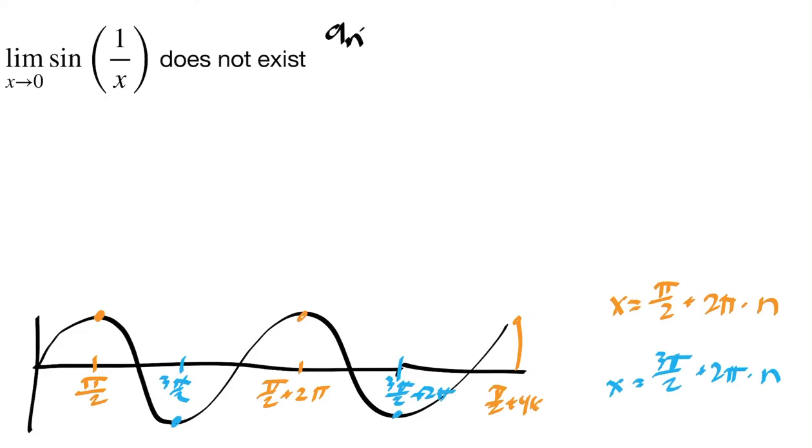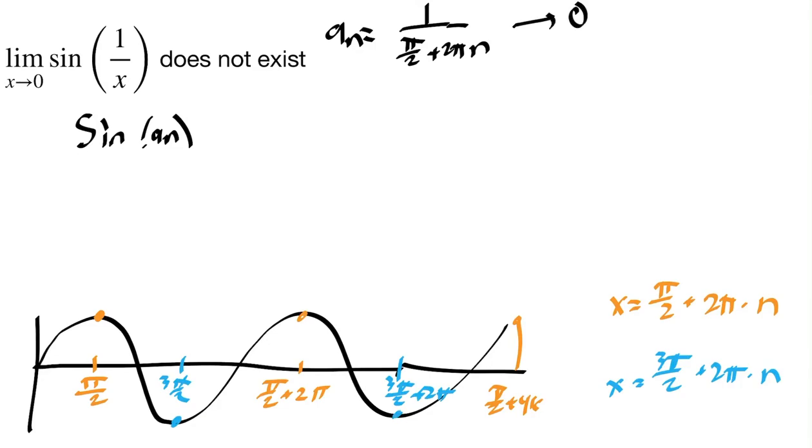My a_n sequence is going to be the sequence 1 over (pi over 2 plus 2 pi n). And then what you'll notice is that, by the way, these definitely converge to 0 because the n's in the denominator. So these definitely converge to 0.